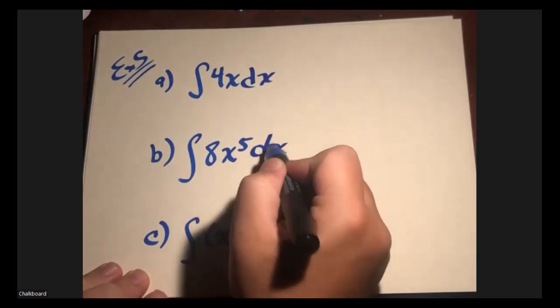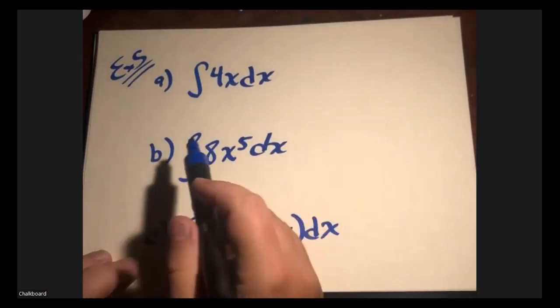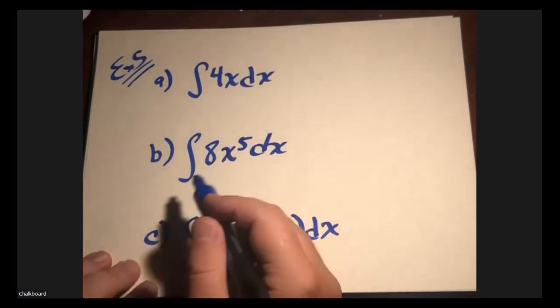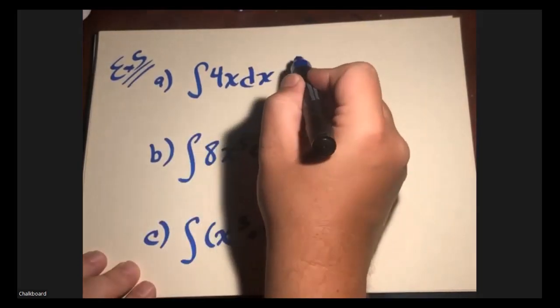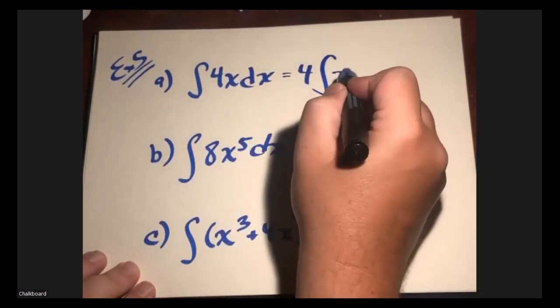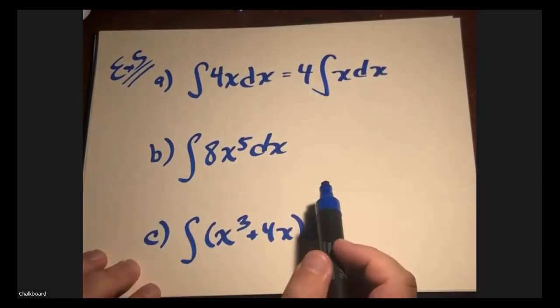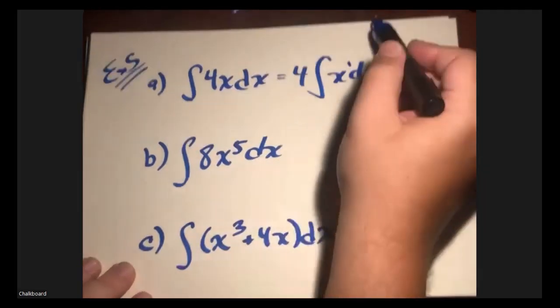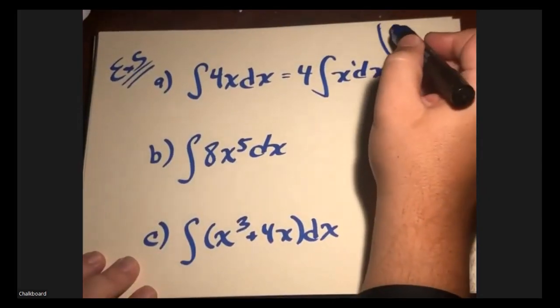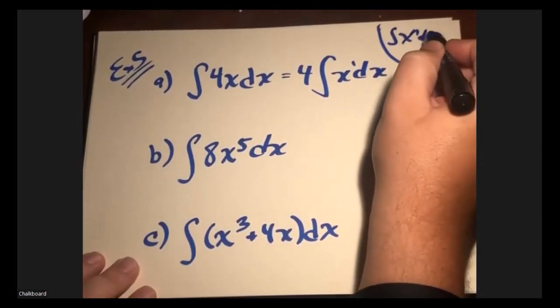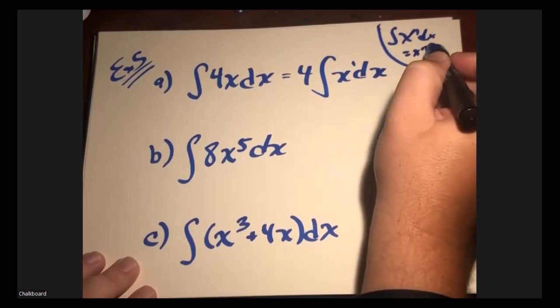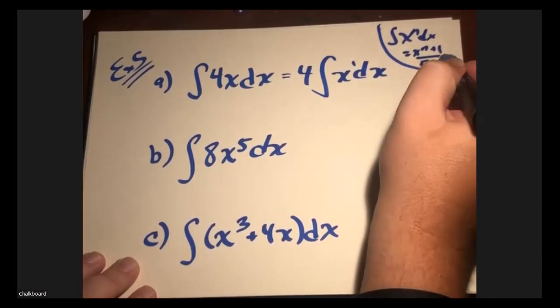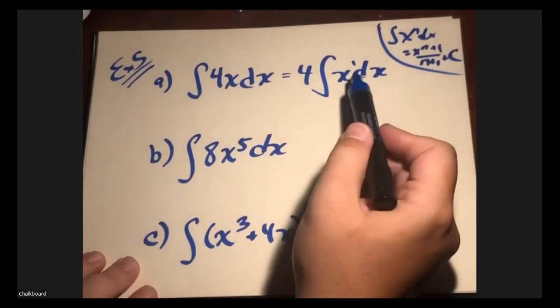Okay. All right. So in the case of part A, if you're going to pull out that 4, it would start by looking like this: 4 integral x dx. Okay. And now x is to the power of 1, right? Don't forget your rule. Your rule says that if you're doing the integral of x to the n, it's x to the n plus 1 over n plus 1 plus c. So this time it's 1.